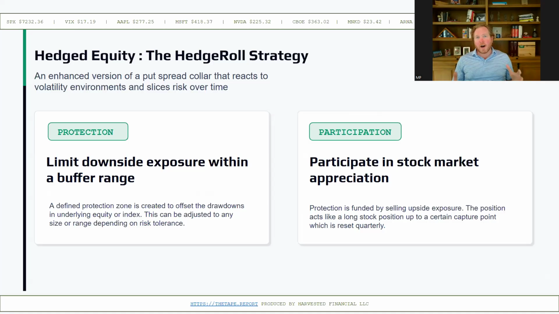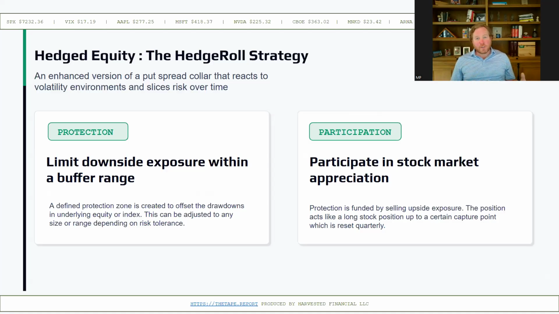That's actually a good point. That's the first time I've mentioned the word trade-off today. Trade-offs are what options are all about. And so it's important to remember that when we're overlaying an option strategy on an underlying position, every options decision we make is going to be a trade-off. Either we're going to be accepting less upside for less downside, more protection for slightly less participation in the hedged equity strategy, or sometimes we need to take more risk to generate more returns.